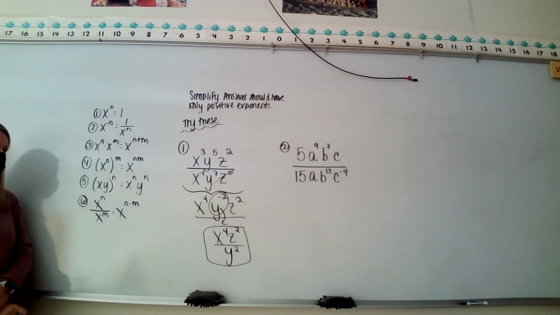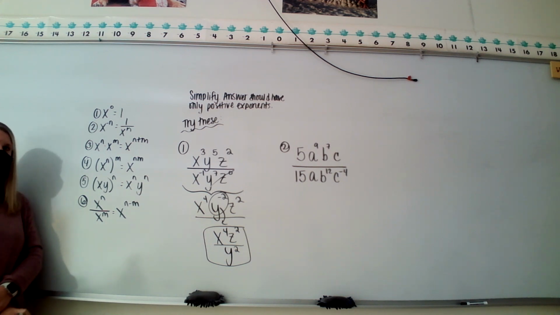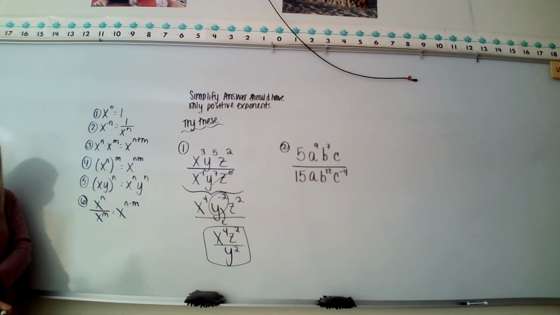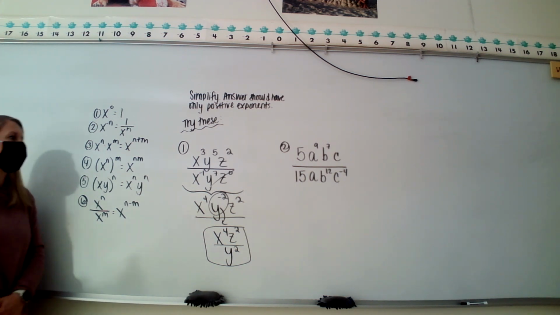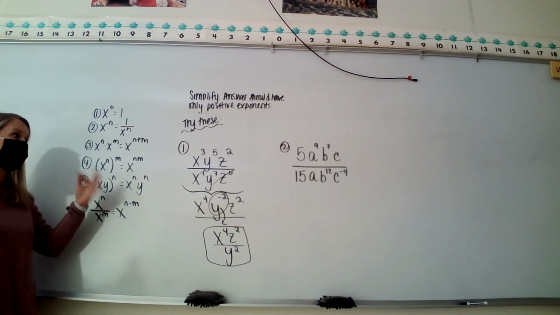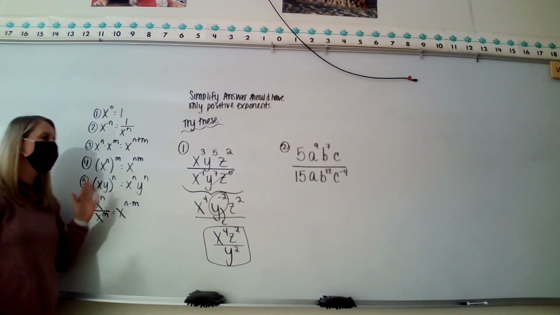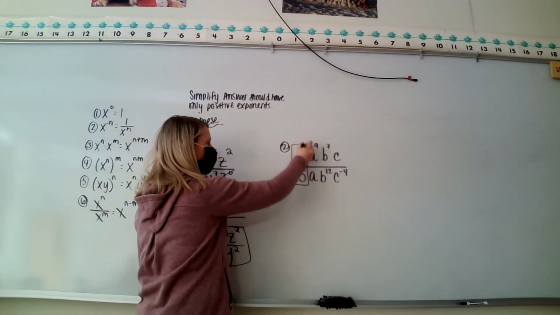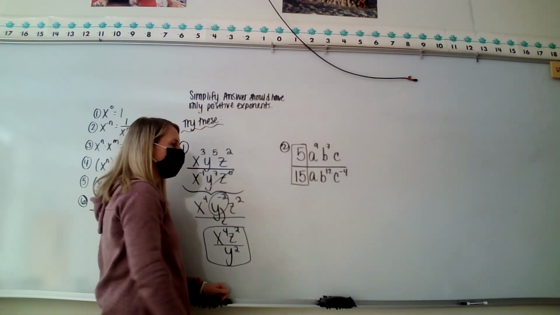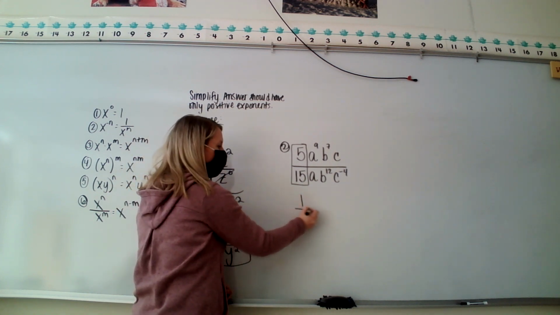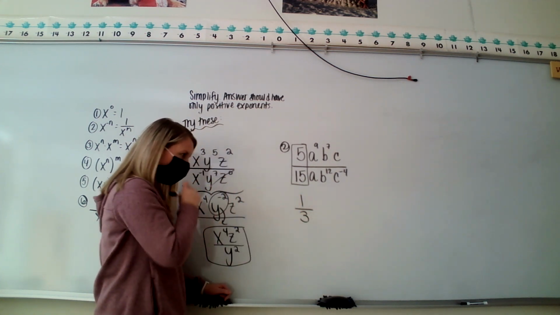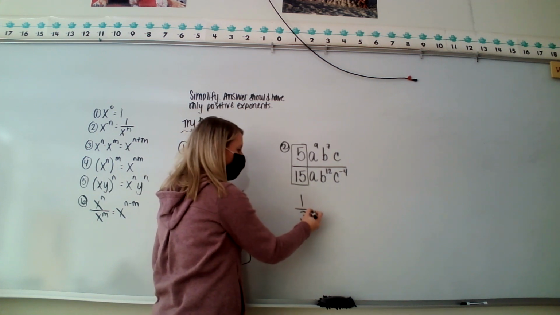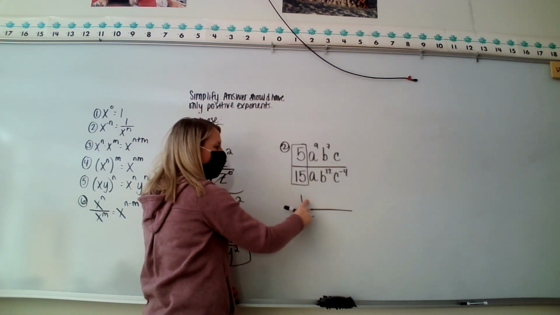Are there any problems with number 1? Okay, number 2 is kind of the same idea, but we do have those numbers in front, so be careful. Remember, they're just regular numbers. If you need to do something like this just to even visualize them, go for it. But 5 over 15, we would reduce to be 1/3. And we said if we do have a fraction, as we're subtracting, we'll just line it up at the top.